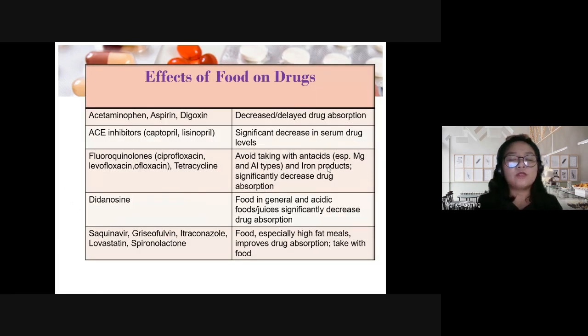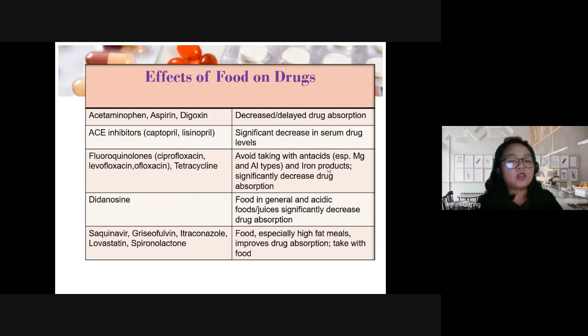And then, effects of food on drugs. So, these are examples. Acetaminophen, aspirin, okay, and digoxin. So, possible decrease or delay in the drug absorption. ACE inhibitors, okay, there's a significant decrease in serum drug levels.